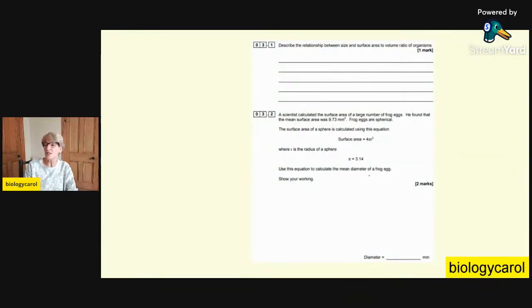3.1, describe the relationship between the size and surface area to volume ratio of organisms. So hopefully this is relatively straightforward. That as the size of an organism increases, the surface area to volume ratio of that organism decreases. As organisms get bigger, they have relatively less surface area in comparison to the volume, that 3D volume that they take up.